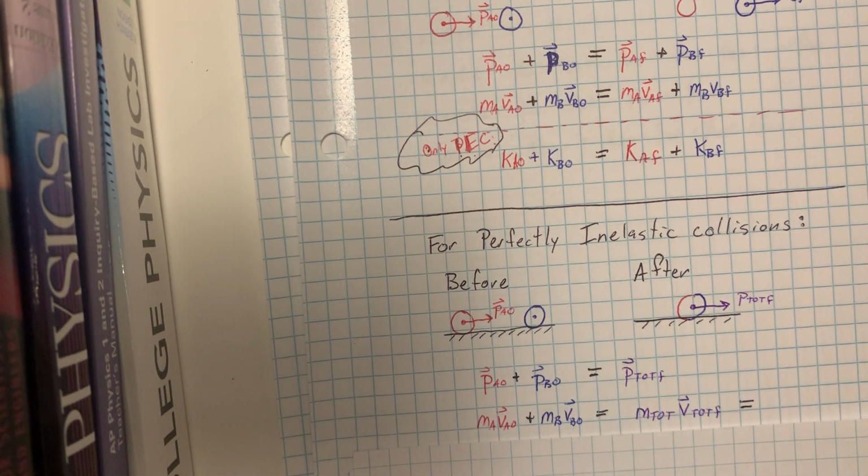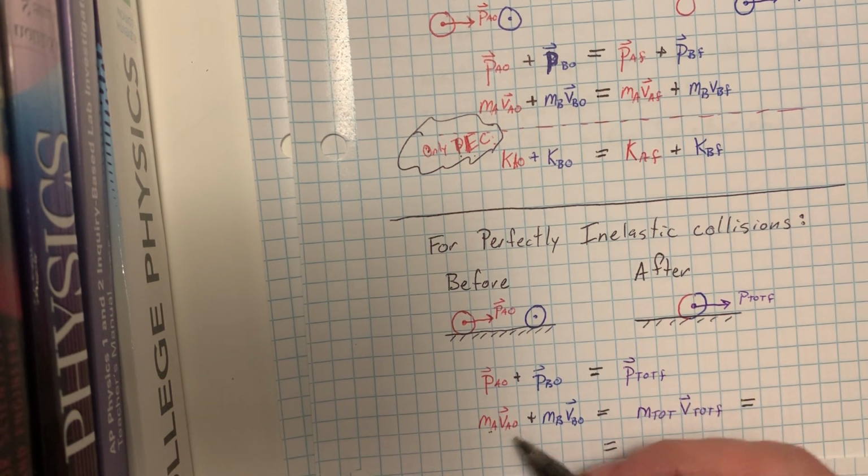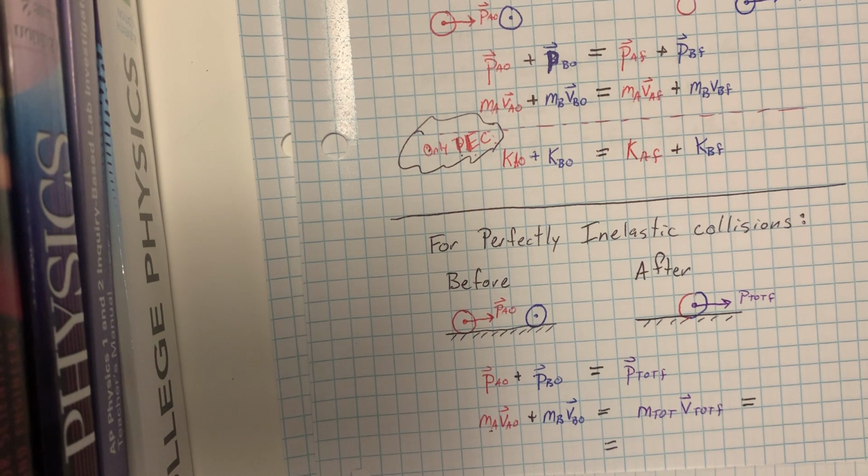A little note here: I don't have naughts on the A or the B for the mass, because the mass is constant, at least for right now. Now here's what's going to happen over here. Actually, I want to write it down here. MA VA naught plus MB VB naught. Well, what's M total going to be?